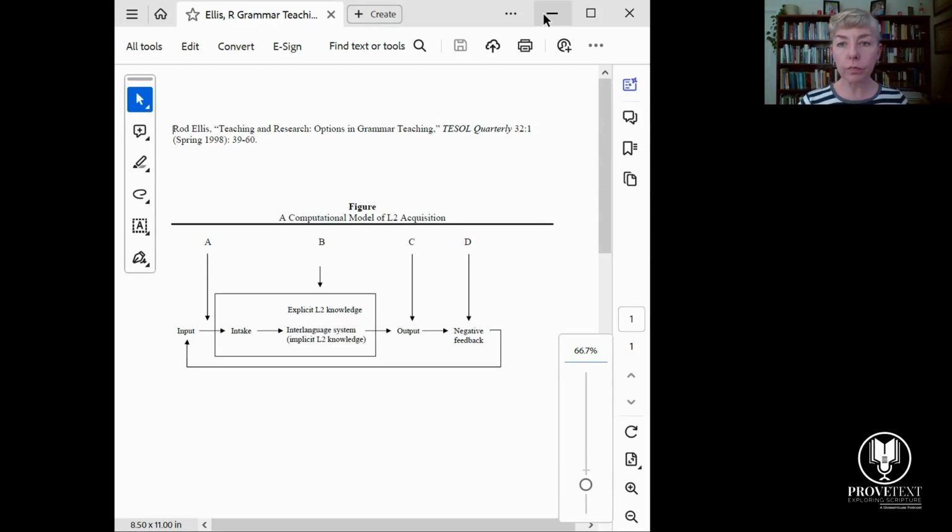So I want to review, first of all, in order to get us there, this chart that I have on the screen from Rod Ellis. It begins with input on the left side, and it moves into this box with intake and the interlanguage system. And it's in that box that we just don't know what's going on. We can't observe it.